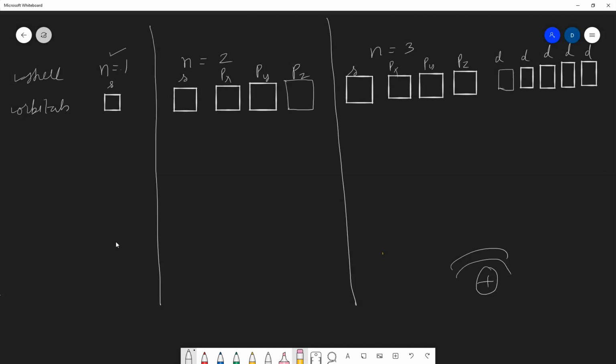Remember, each orbital can have a maximum of 2 electrons. For the second shell, you have 2 orbitals, s and p. We know there are 3 p orbitals, px, py, pz. Now for the third shell, you have 3 orbitals called s, p, d. You have 1 s, 3 p orbitals, and 5 d orbitals.